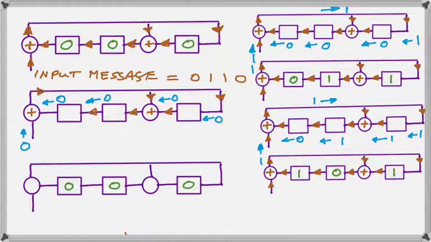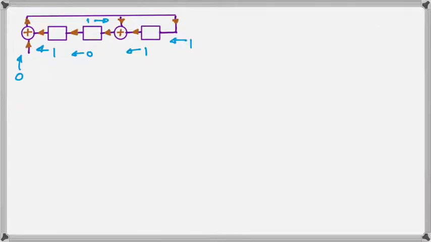Once you agree with that, then we only have a 0 to put in, and we're going to do that now. When we put the 0 in, it combines with the 1 that is just coming out of that position, and once again we have a 1 along the taps. So a 1 is coming in here.